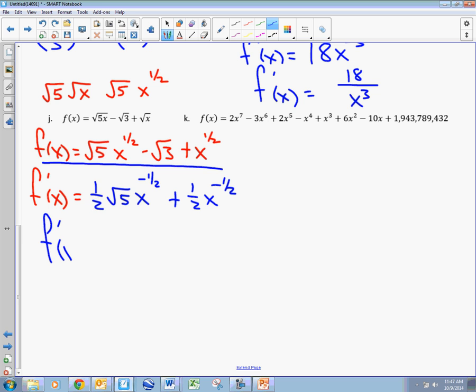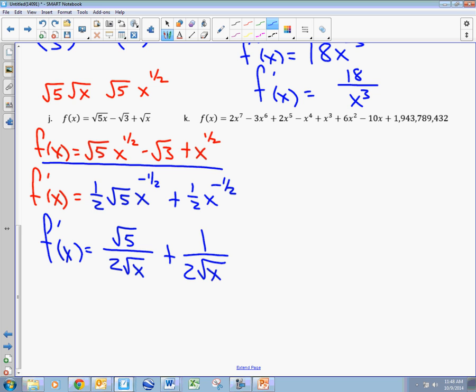So f prime of x is equal to, where does the 2 go? Where does the square root of 5 go? So square root of 5 over 2 x to the 1/2, or root of x, plus 1 goes on top, 2 goes on bottom, root of x goes on bottom.